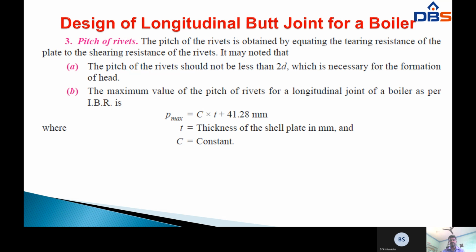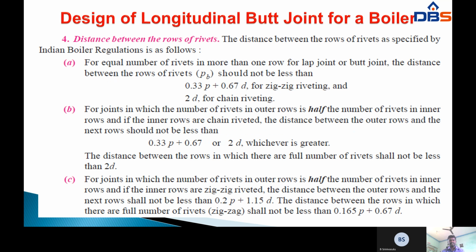The maximum value of the pitch of rivets for a longitudinal joint of a boiler as per IBR, Indian Boiler Regulations, is P_max equals C into t plus 41.28 mm, where t is the thickness of the shell plate in mm and C is a constant. Now next, fourth one: distance between the rows of rivets.